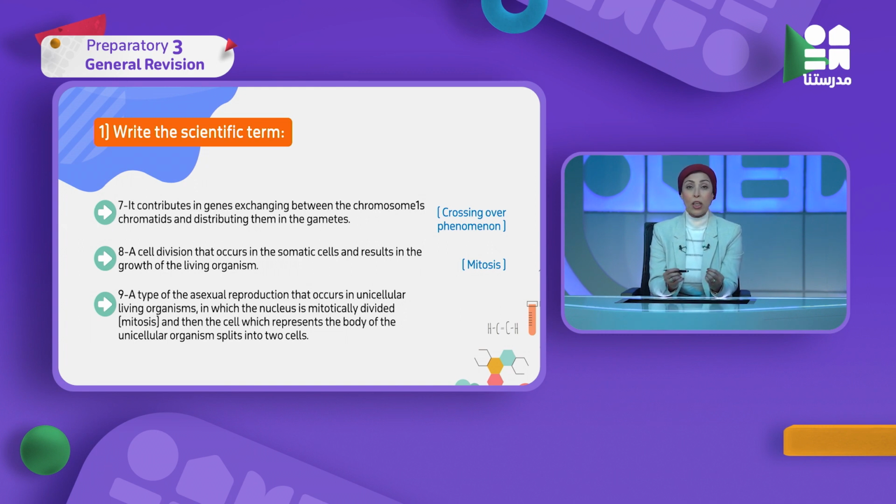So I have here two keywords: the nucleus starts to divide and the cell itself starts to split. What is meant by split? It divides into two halves. So one type of asexual reproduction in which the cell splits is binary fission. Binary fission is the answer.